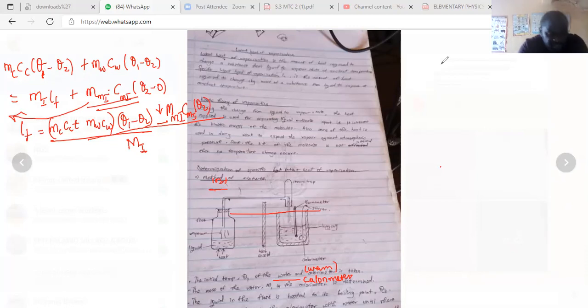The kinetic theory explanation for evaporation is that during the change from liquid to vapor state, the heat supplied is used for separating the liquid molecules apart, i.e., increasing the kinetic energy of the molecules. When you are boiling water, at the end of the day, you see vapor coming off from the surface of the water.